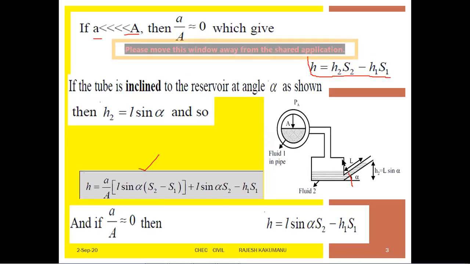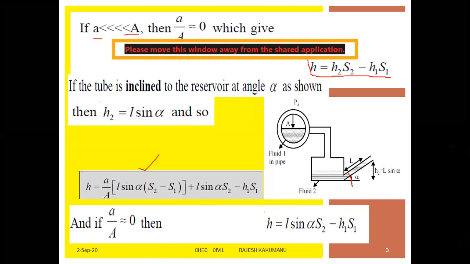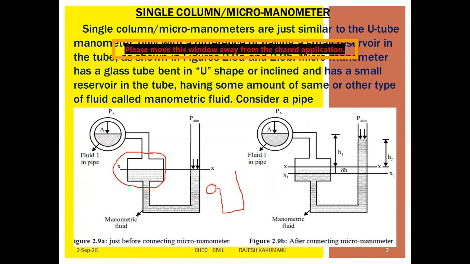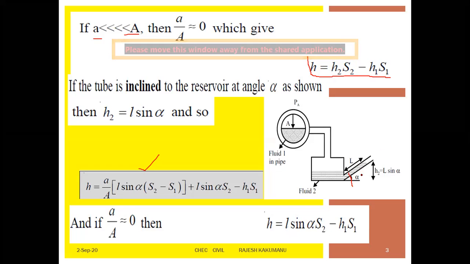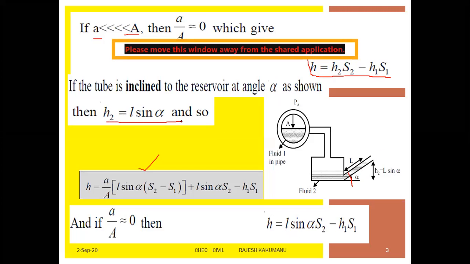Then if the tube is in an inclined position: in the previous figure you have seen the U-tube in a U shape, whereas here the U-tube is in a slant shape. Whenever the tube is slanted, the changes take place with the length as well as the angle of the tube with respect to the ground. Alpha is the angle of the reservoir at any point, then h2 is equal to L sine alpha.